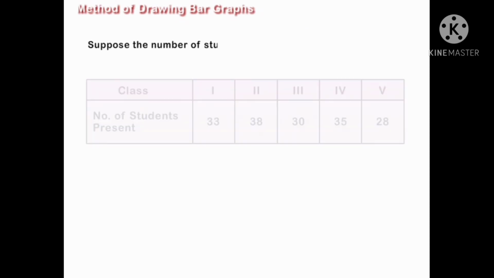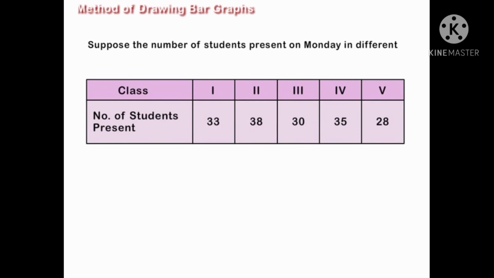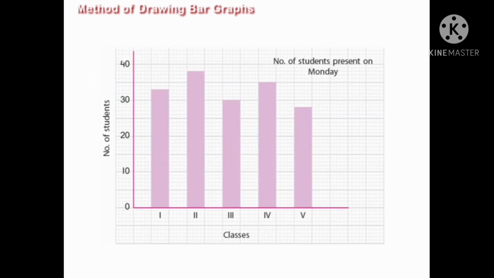Now let us draw a bar graph using an example. Suppose the number of students present on Monday in different classes is as shown on the screen. Let us draw its bar graph. Now let us represent the horizontal axis as classes and the vertical axis as number of students. Now before drawing the bar graph, it is important that we see the scale.